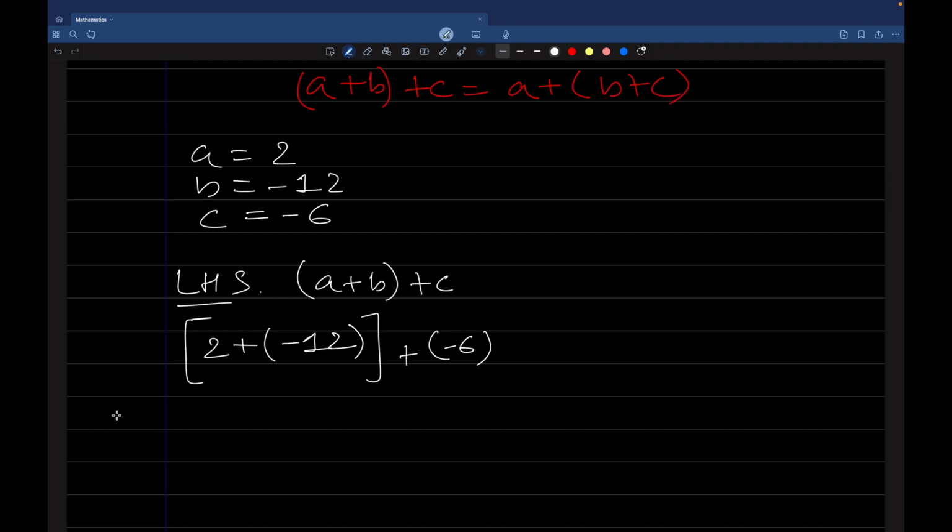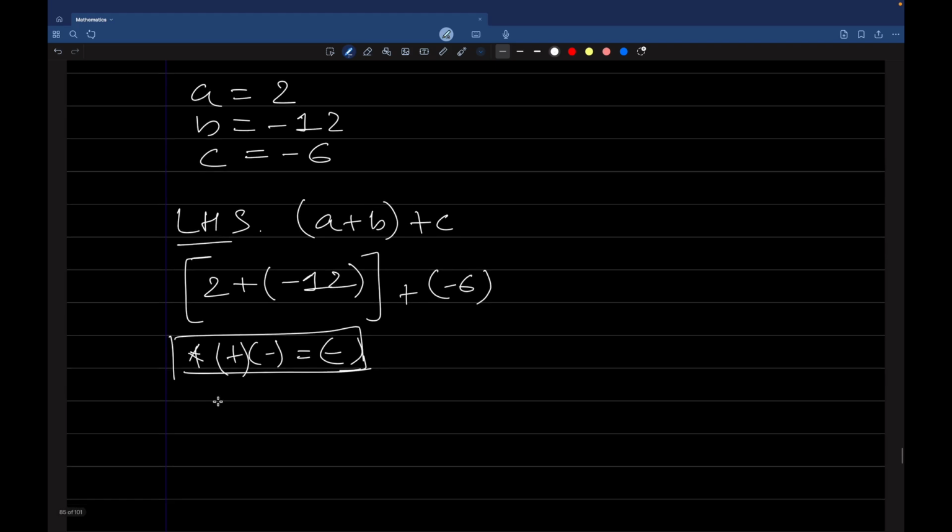We know that plus into minus is minus, so this is 2 minus 12, which is minus 10, minus 6.